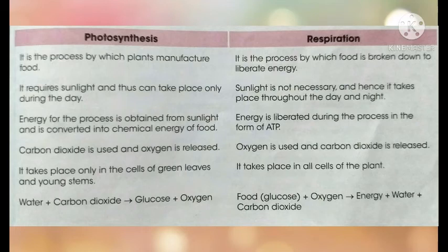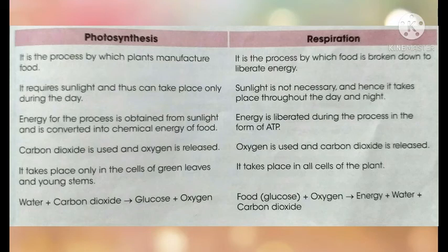In respiration, energy is liberated during the process in the form of ATP. In photosynthesis, carbon dioxide is used and oxygen is released, while in respiration, oxygen is used and carbon dioxide is released. Photosynthesis takes place only in the cells of green leaves and young stems, while respiration takes place in all the cells of the plant.